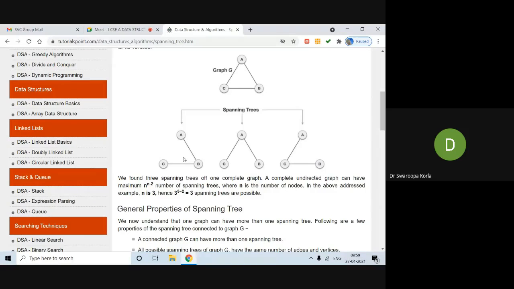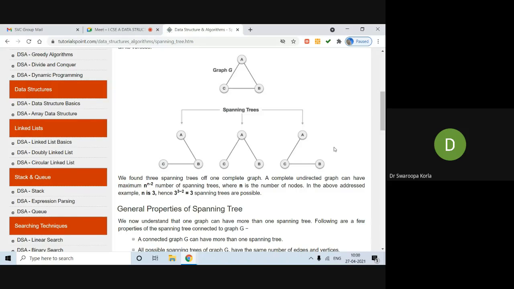But not only this way can I construct my spanning tree. I can remove the edge between C and B. Still I can remove the edge between A and B. But you need to understand a point very clearly here. When you are removing any edge between any vertices, you should not form a cycle at the same time.